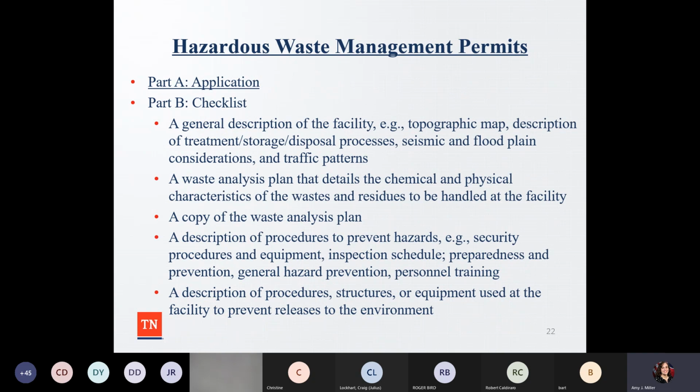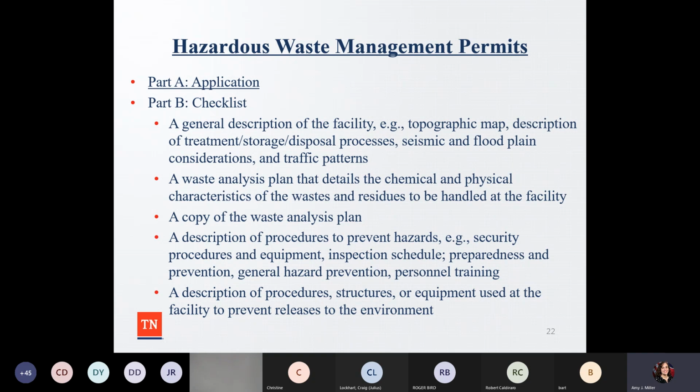So again, there's part A, there's an application, and then part B, there's a checklist, making sure that you have a topographic map, description of the treatment, storage, disposal process, seismic information. Look at floodplain considerations. So again, floodplain management is important. They want to know whether or not hazardous waste materials and activities are going to be in a floodplain.